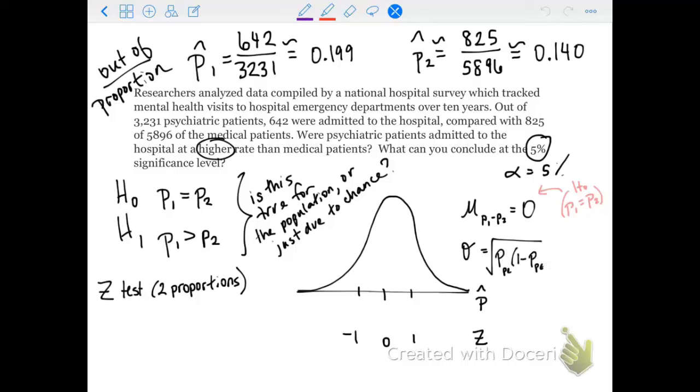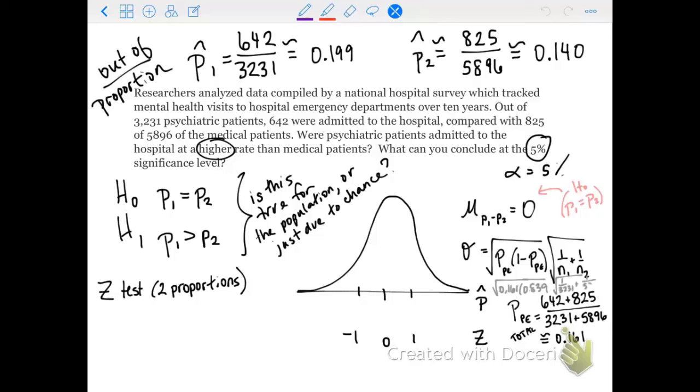This is pooled estimate times 1 minus the pooled estimate times the square root of 1 over N1 plus 1 over N2. The pooled estimate is like, what's the total proportion of people who get admitted? That's the 642 plus the 825 out of the total number of people. So this is approximately 0.161. I plug that into my formula, and I get that our standard deviation is 0.008.